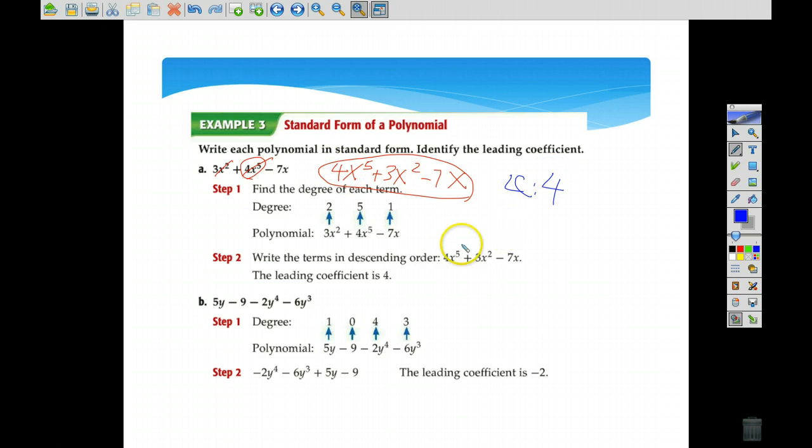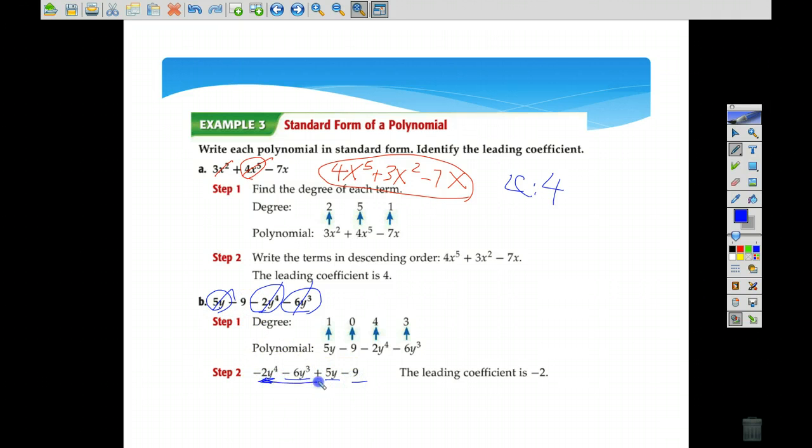All right, again here, the highest degree is negative 2y to the 4th, so negative 2y to the 4th comes first. Next is to the 3rd power, negative 6y to the 3rd. Then you have positive 5y, and you have minus 9.